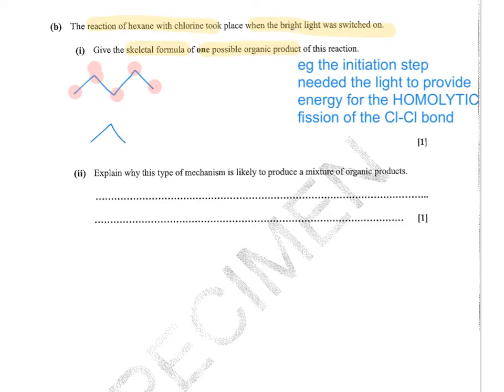So you could have one like that, or you could have one like that, and at random one coming off there. Sorry, trying to get this absolutely accurate. There you go. So those are examples only. But the key thing is that chlorination could take place anywhere along the hexane chain. So I'm highlighting the carbon atoms where it could occur.